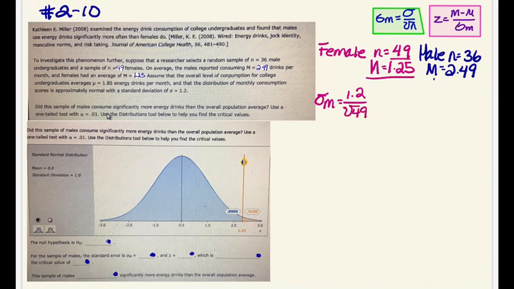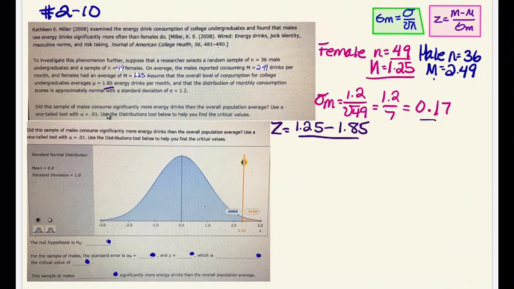For the females, we're going to calculate them separately from the males, and our standard error will end up being 1.2 divided by 7, which is 0.17. And then we'll find the female's z, which is the female's sample mean minus the population mean divided by the female standard error.